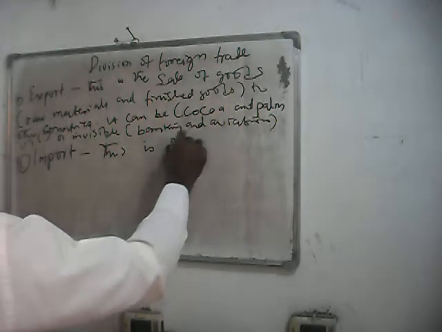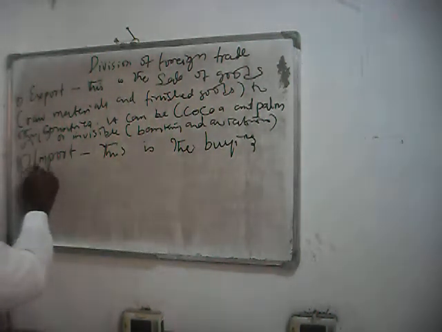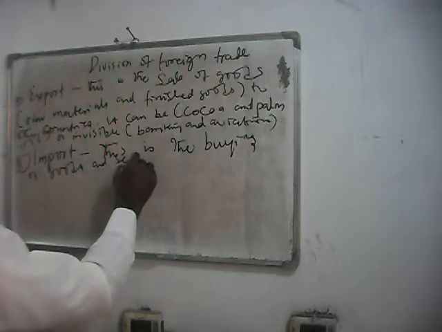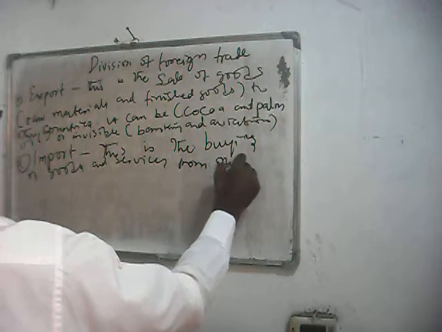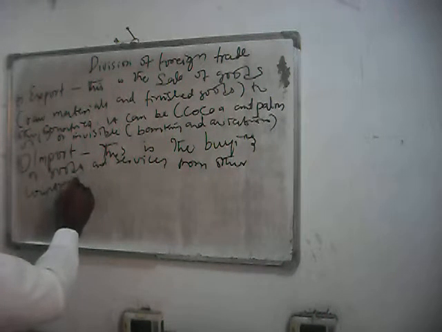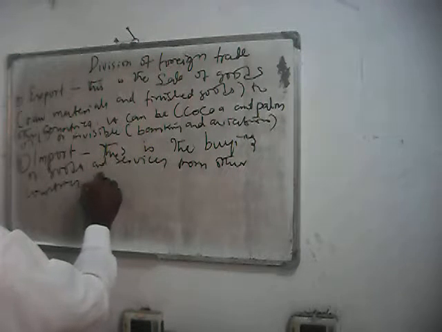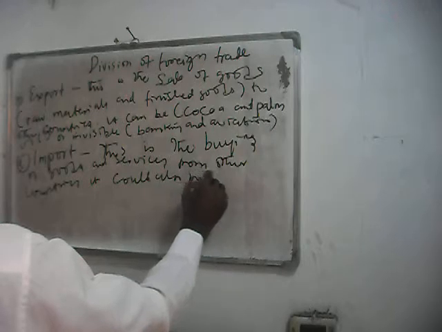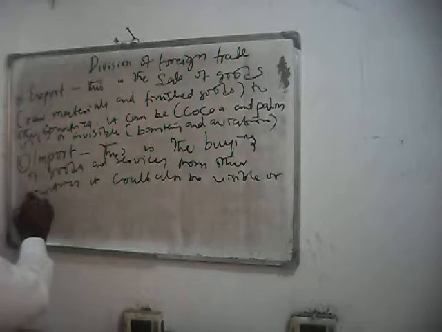What is import? Import is the buying of goods and services from other countries. When you buy from other countries, you are importing. It could also be visible or invisible goods.